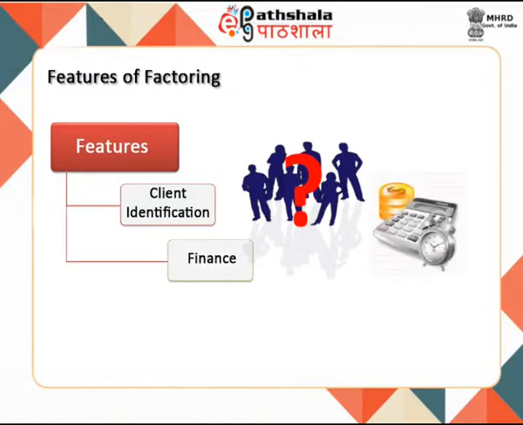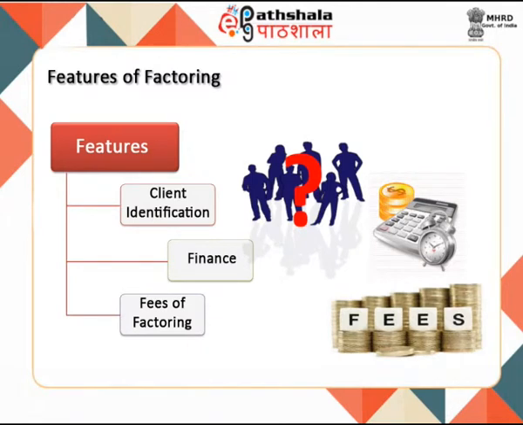The factor provides money against the debts, which is generally 70 to 80% of debt amount, and charges a commission for it. The factor makes the full payment of debt on debt maturity or when debt amount is collected, whichever is earlier. The next feature is related to fees of factoring, which has already been discussed.